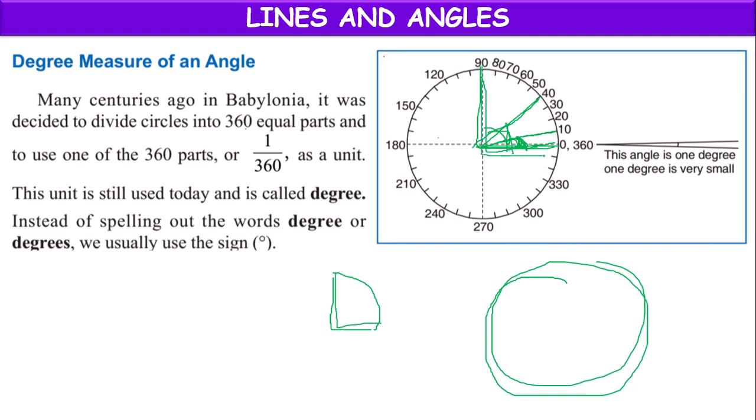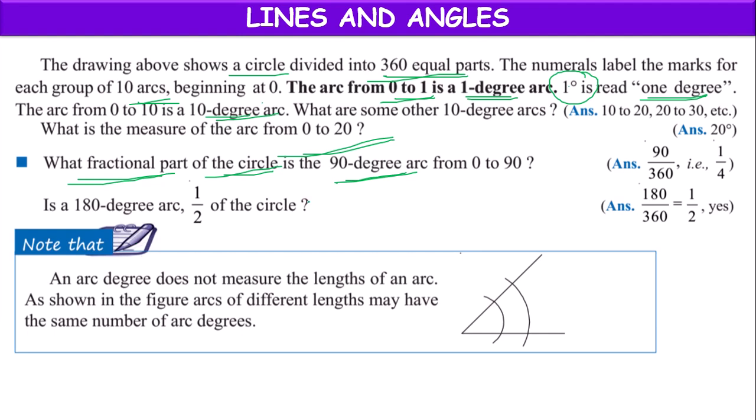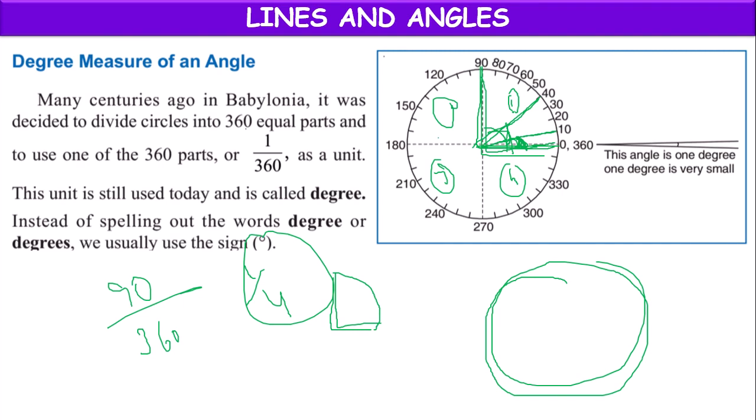Like this 90 degrees, we have 1, 2, 3, 4 parts, or 90 degrees out of 360 degrees. If we divide, it will be equal to 1/4 part. So a 90 degree arc is 1/4 part of a circle.